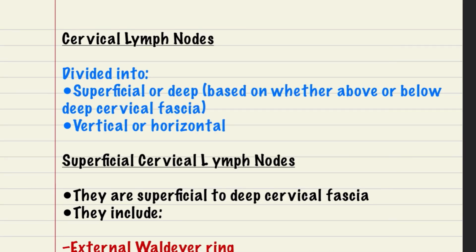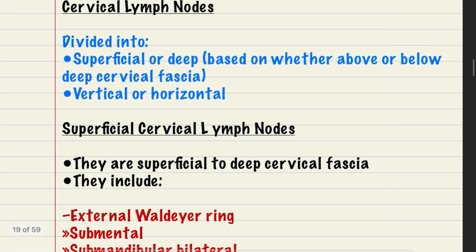Now we will understand what the lymph nodes of the cervical region are and how to examine them. First of all, the cervical lymph nodes are divided into superficial or deep based on their position relative to the deep cervical fascia, and then also according to the position, vertical or horizontal.